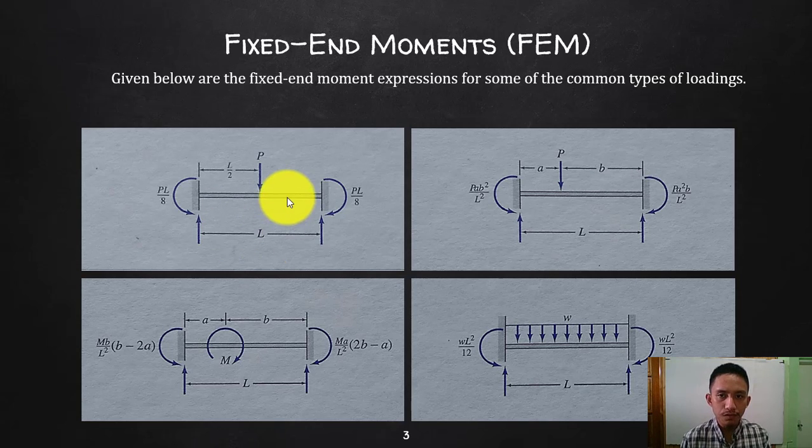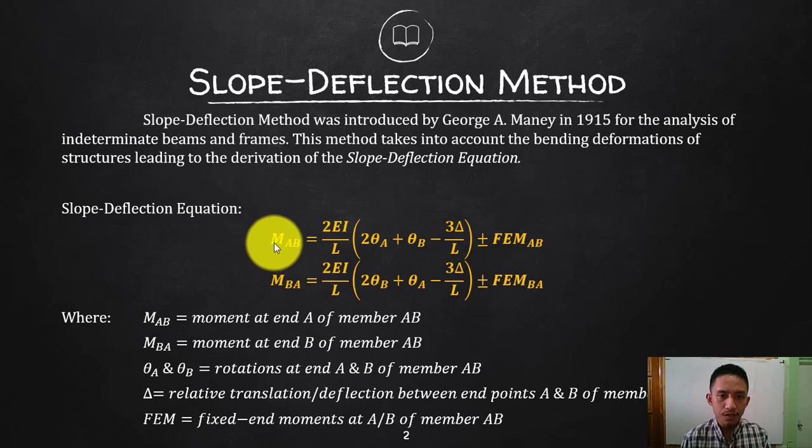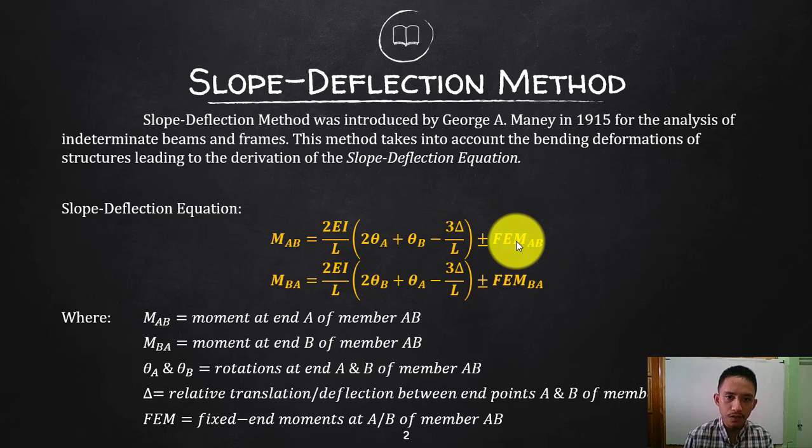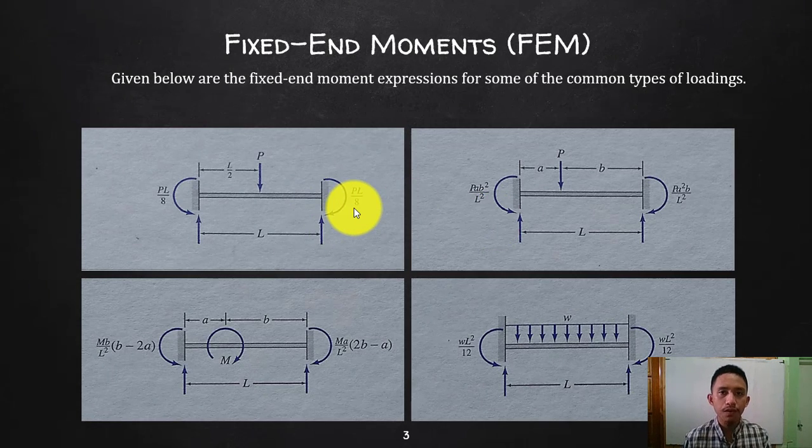It is important to fix your sign convention, because later, when you end up with the values of the moments MAB or MBA, the signs plus or minus dictate the direction of your moment AB or moment BA. If it is plus, then it is clockwise. So we need to assume a sign convention in your FEM, and that is what we will follow in the result of your end moments.